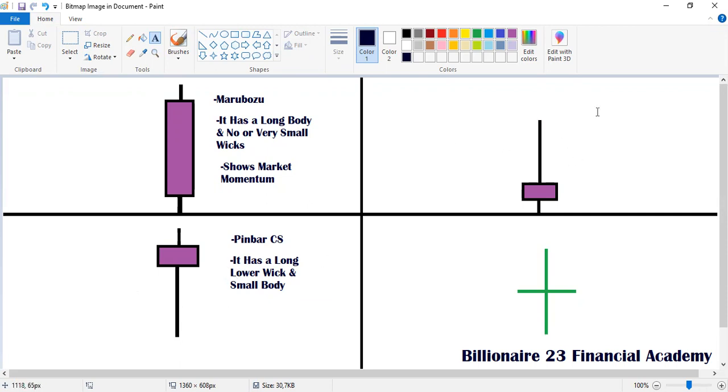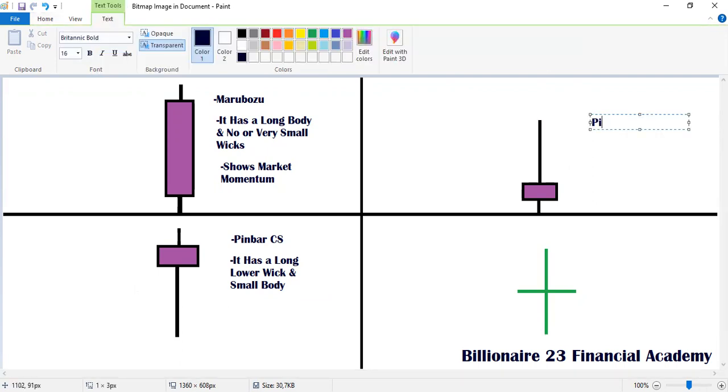Then moving on here, I also regard this as a pin bar. It's also a pin bar candlestick to us. Its characteristics are that it has a long upper wick or shadow and a small body.